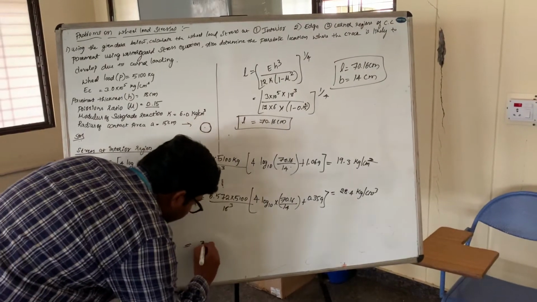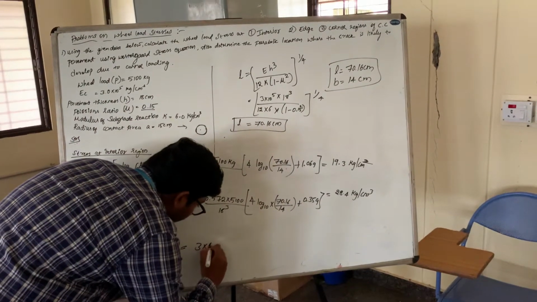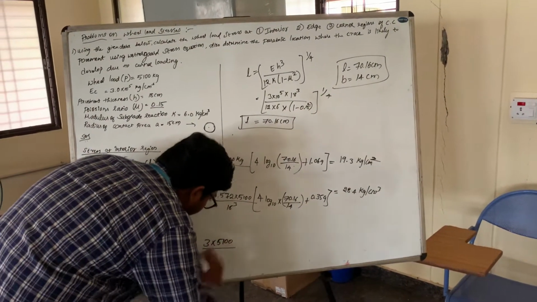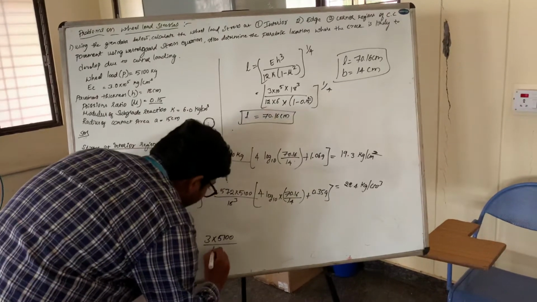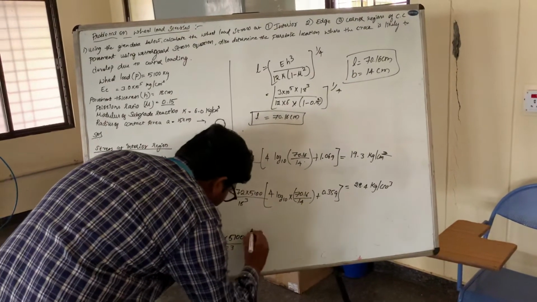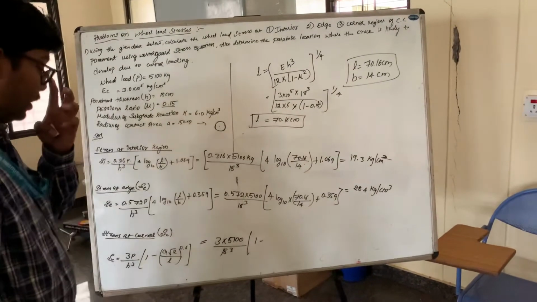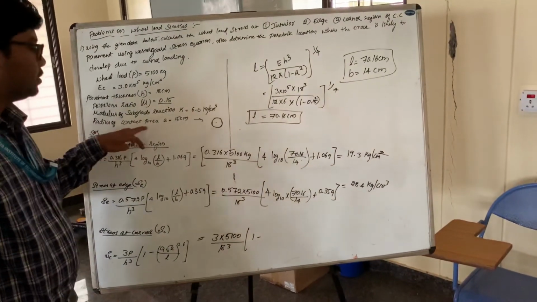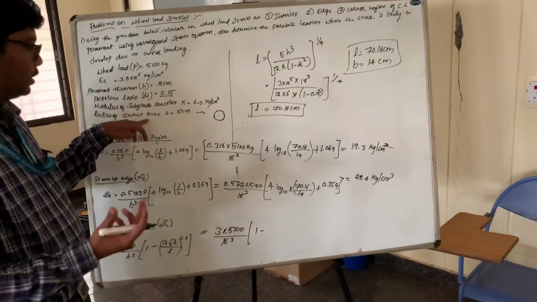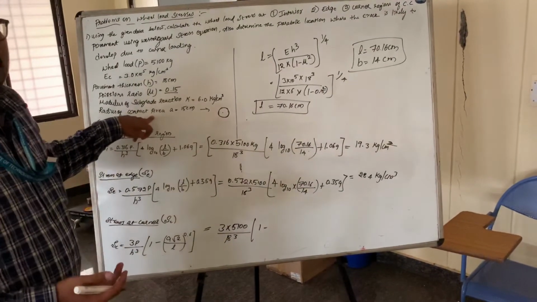Now 3 times the P, 5100, divided by H, which is 18, times 1 minus A value. Here A is the radius of contact area, the wheel which is in contact with the concrete pavement.